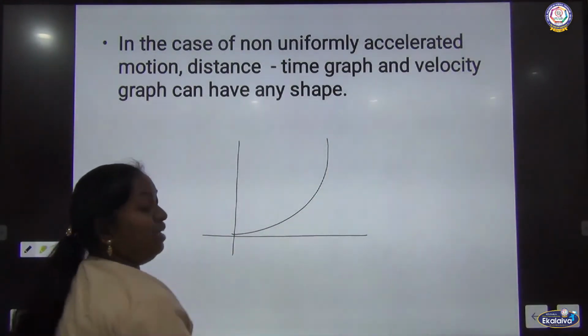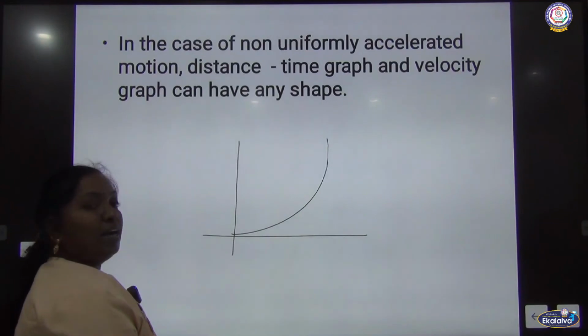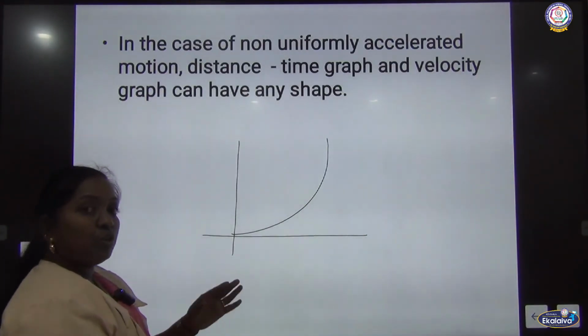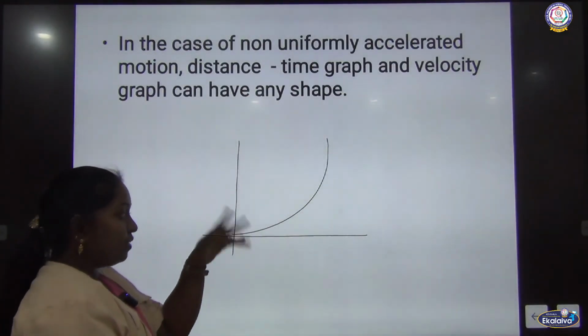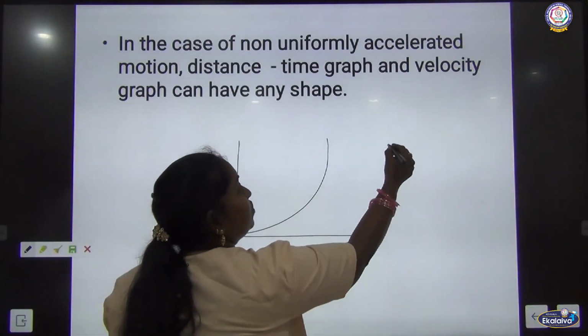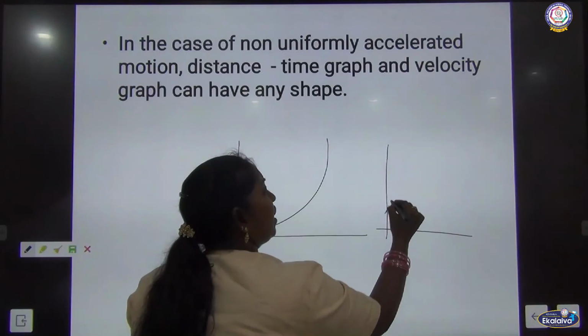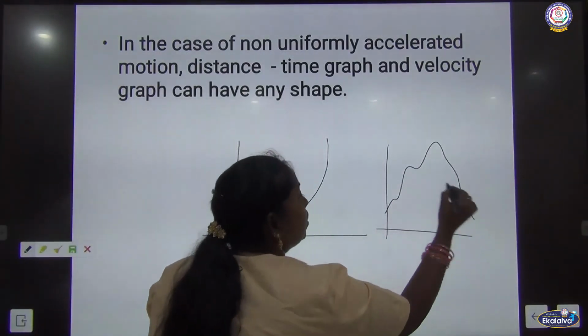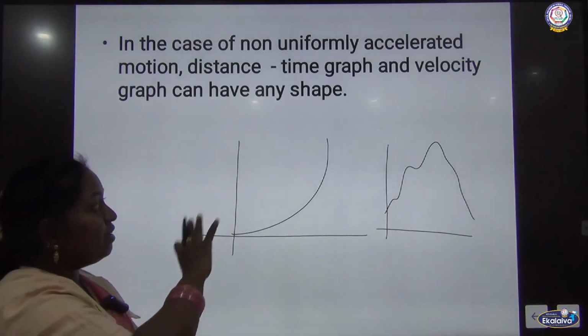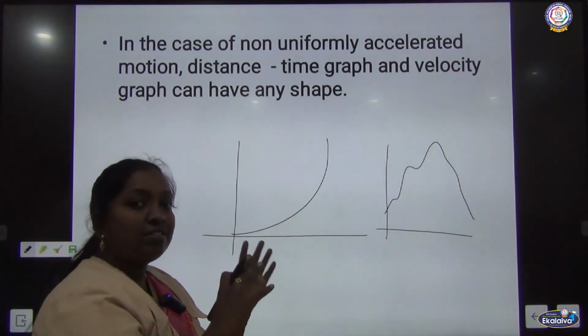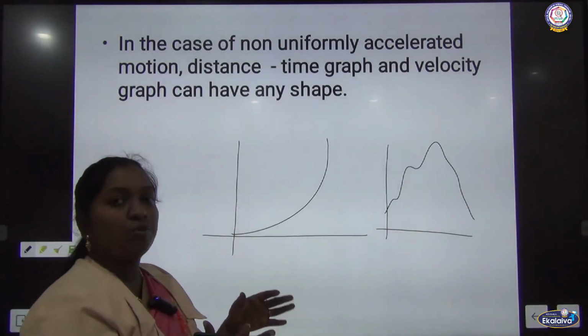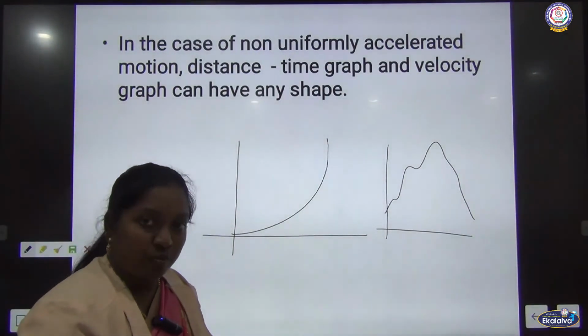We did not get a straight line; we got this curved line, so it shows non-uniform motion. In the same way, the velocity time graph will not give you a straight line. It may give any other shape also. This variation in the distance or velocity time graph shows non-uniform motion.